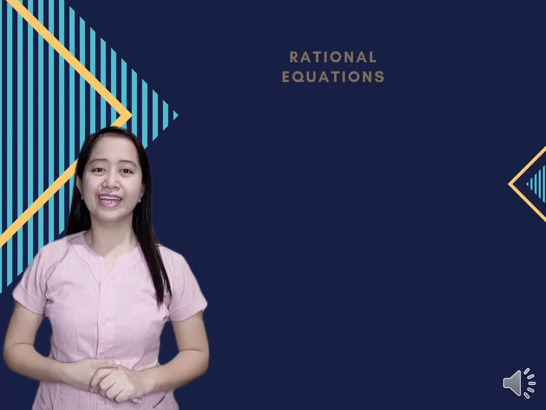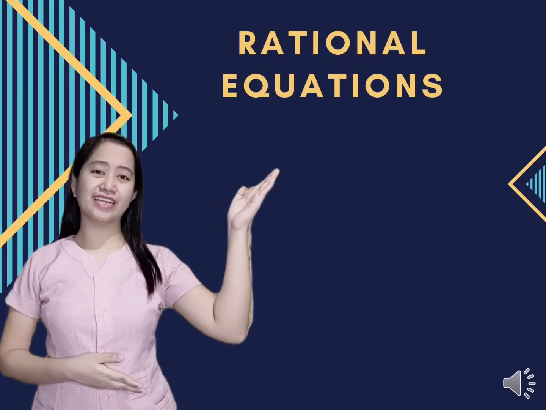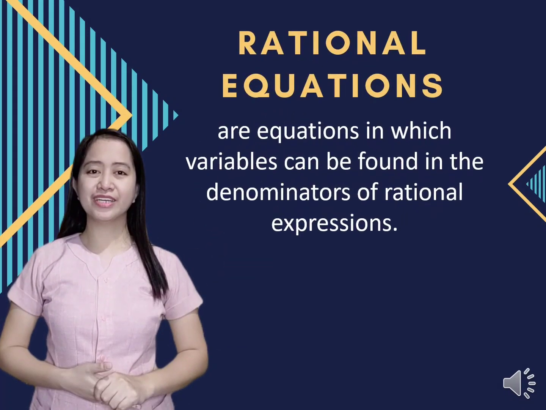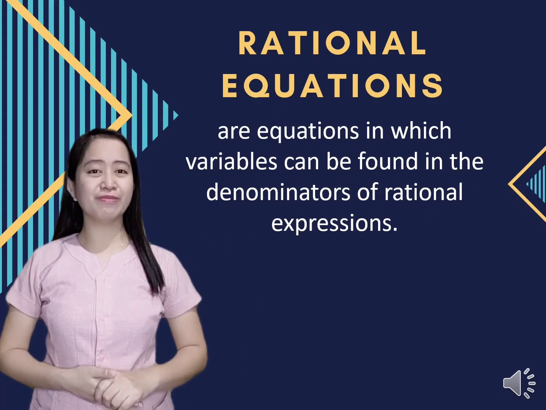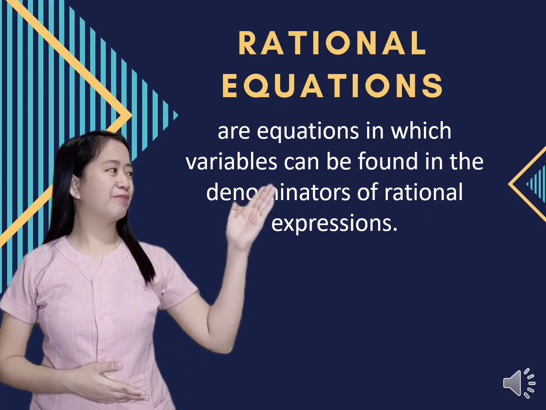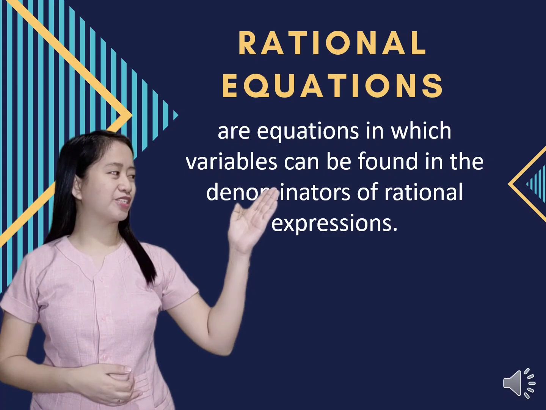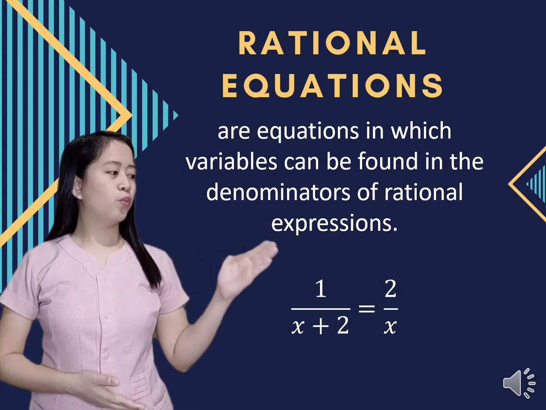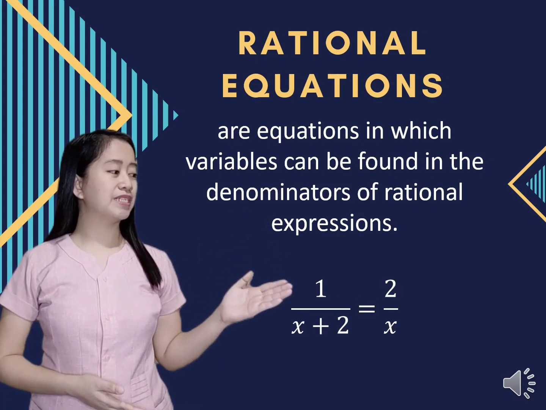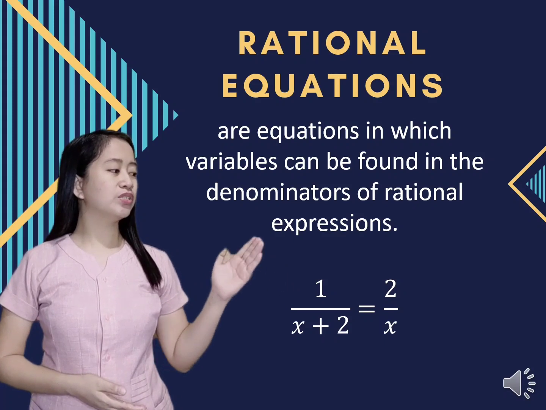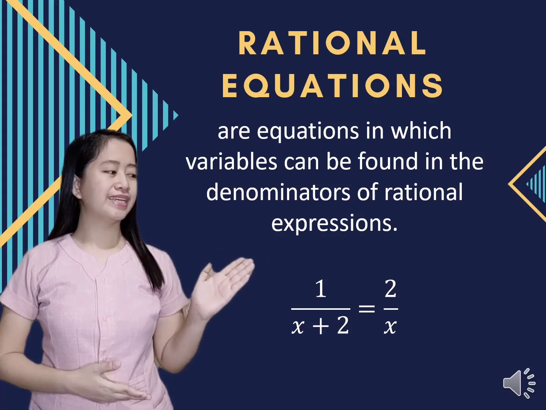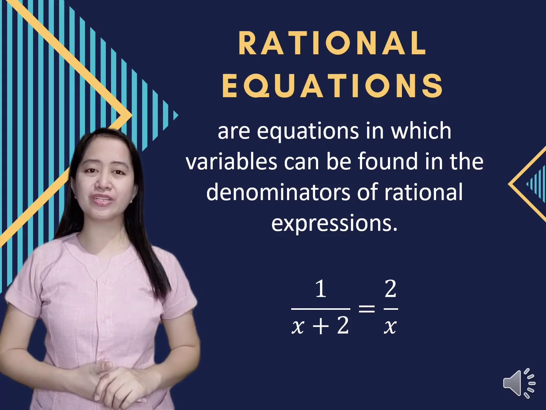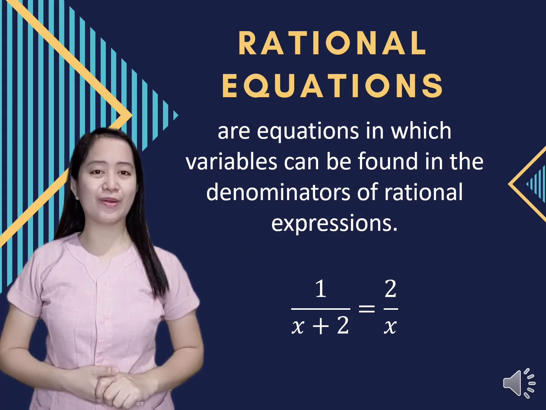And if quadratic equation involves rational expression, therefore it is called rational equations. These are equations in which variables can be found in the denominators of the rational expressions. 1 over x plus 2 is equal to 2 over x. If you noticed, two rational expressions are separated by an equal sign.